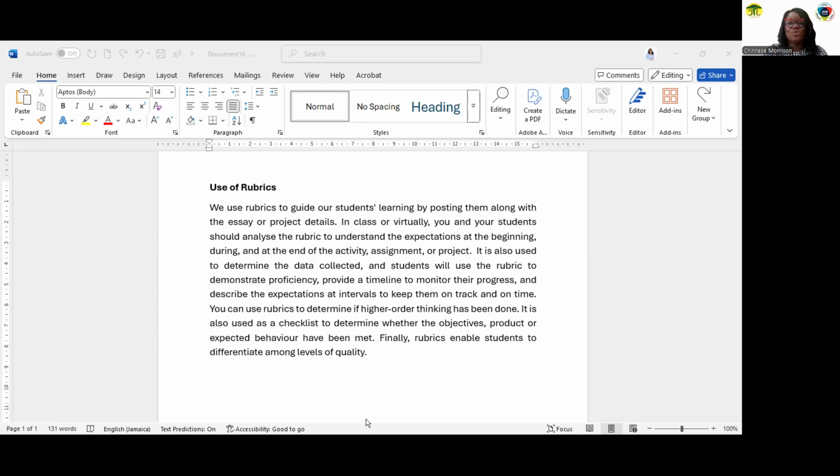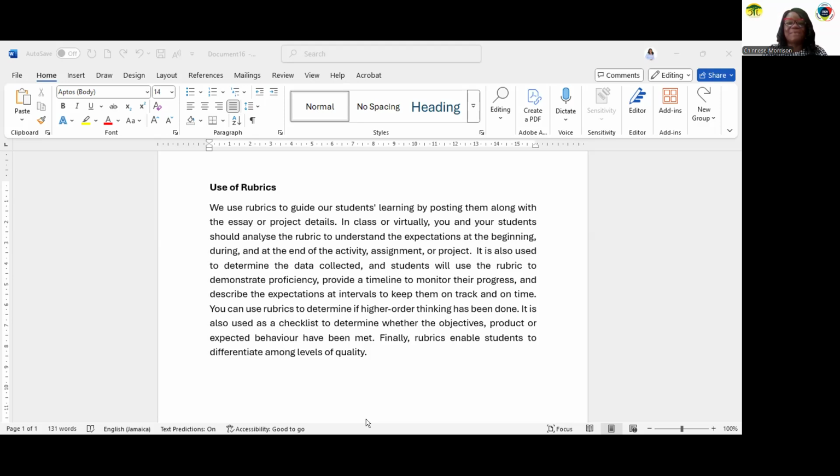It is also used to determine the data collected, especially when you're doing research. And the students will use a rubric to demonstrate their proficiency. It will provide them with a timeline to monitor their progress, to determine how long they will take to complete a particular assignment.